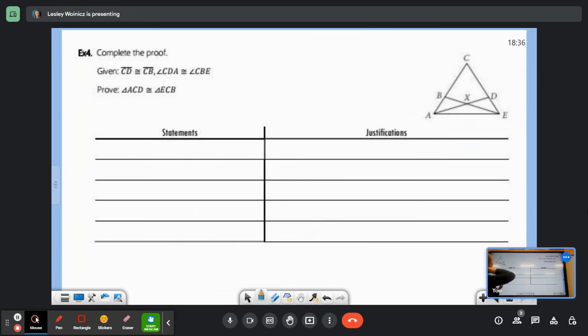Okay, so we are going to use the trick of redrawing our triangles separate. The first one I want to draw is ACB. That's this guy. It's fine.